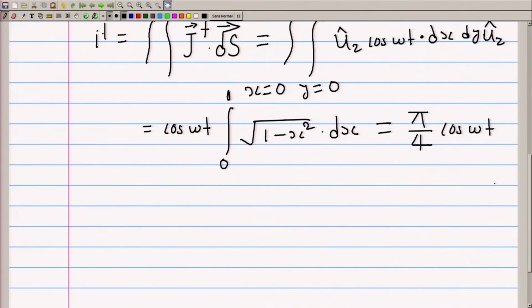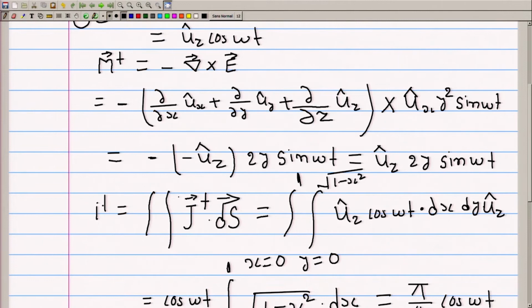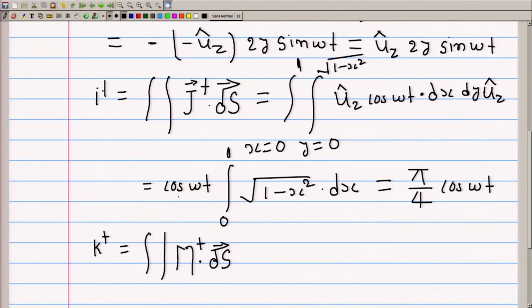Similarly, we can find the magnetic current K_t. Magnetic current K_t will be the double integral of M_t dot product with ds. In the similar way, the M_t value is uz 2y sin omega t.